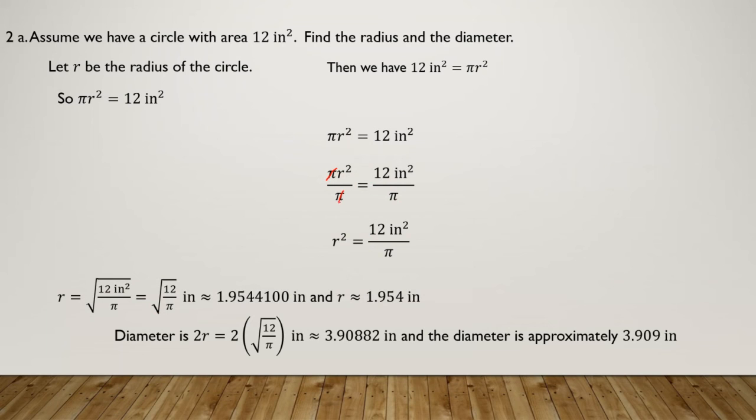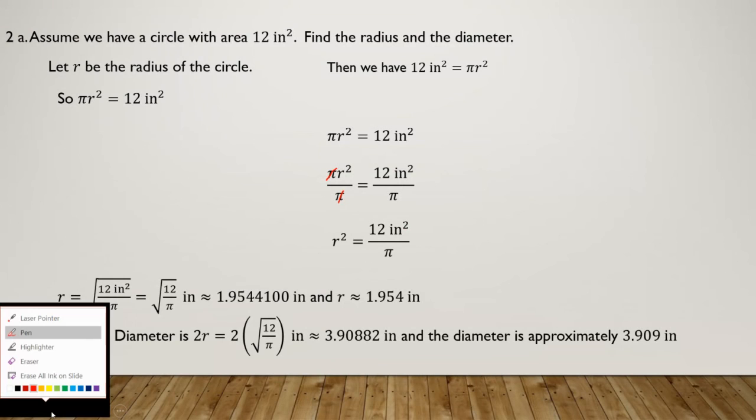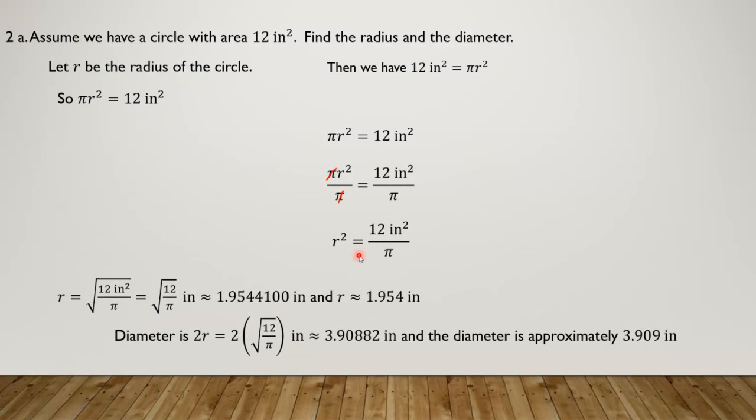I mean, pi does denote a real number. And we get r squared is 12 square inches over pi. I think before I've said inches squared. I think square inches is actually better to say. So we have r squared is 12 square inches over pi.